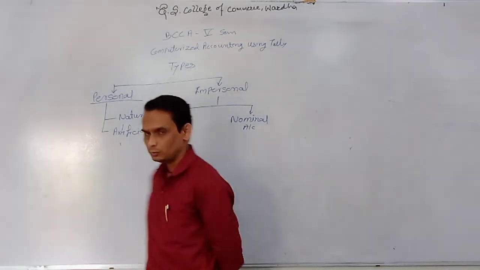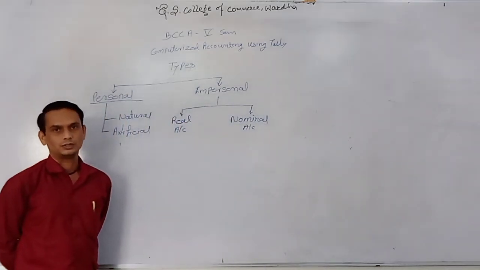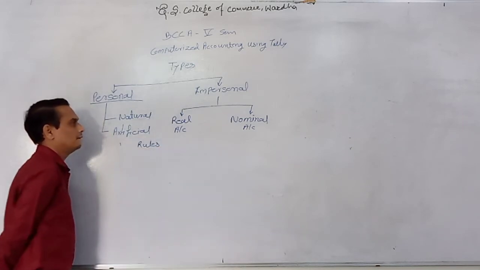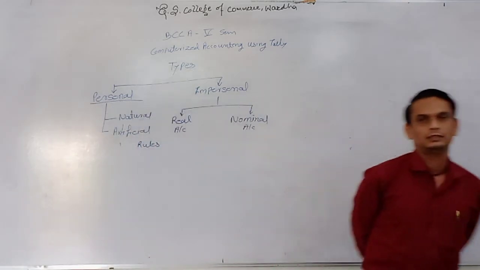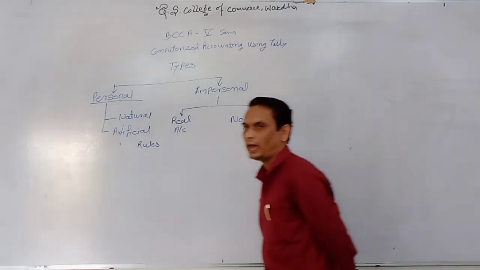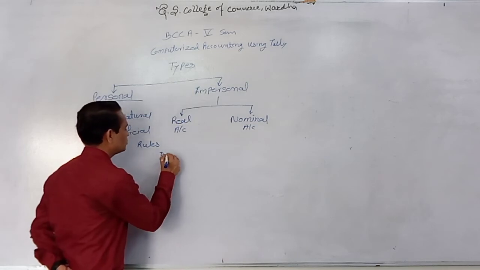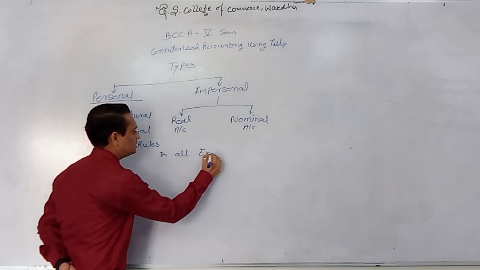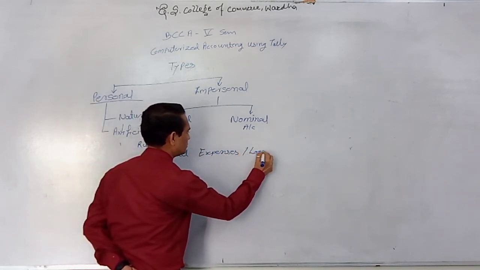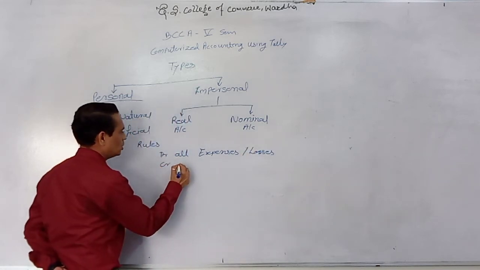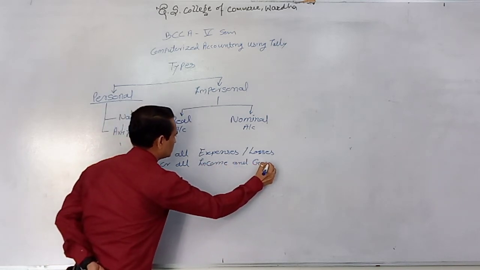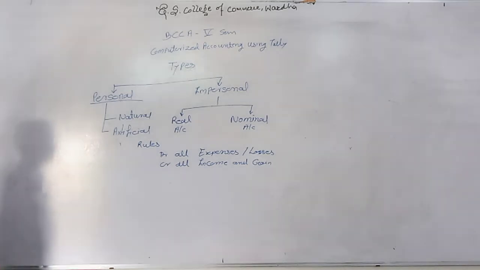And the rule for nominal account is: debit all expenses or losses, and credit all income and gains.